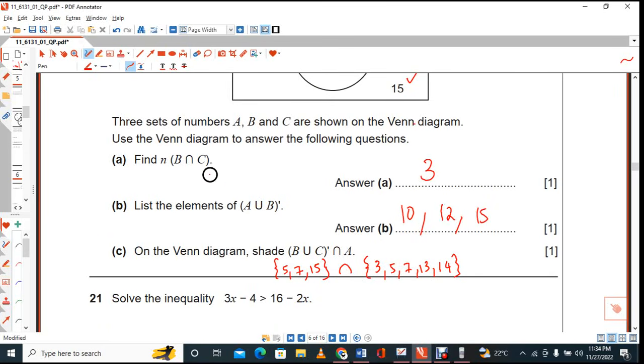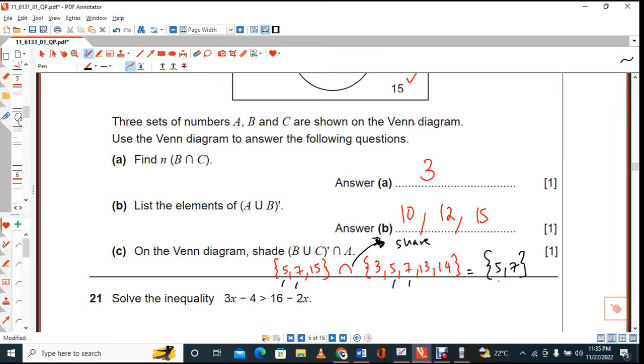So for this intersection, we are now looking at what they share. If you compare, you see that they share 5 and they share 7. Can you see that, according to the way I've listed them? So the answer here is 5 and 7.